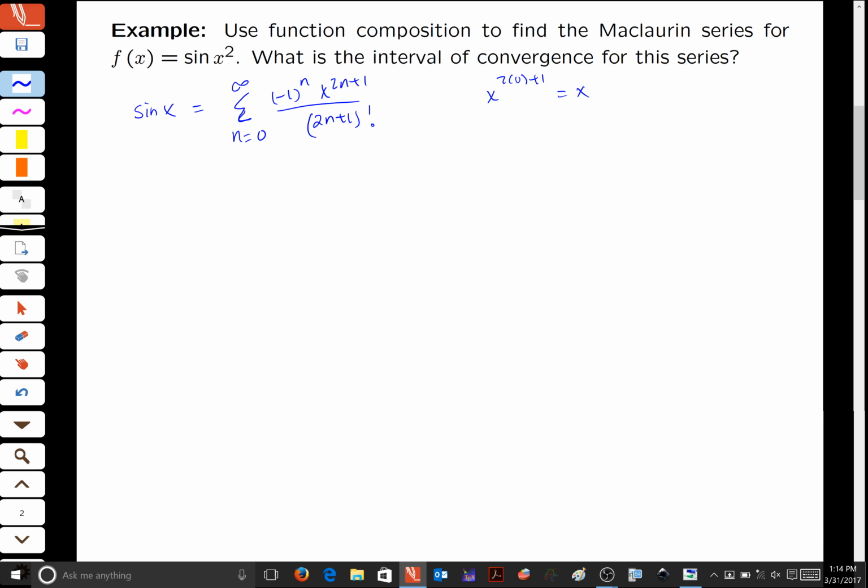On the far right-hand side of the table, it tells you the interval of convergence. What is the interval of convergence for this series? Negative infinity to infinity. Now, we are asked to find sine of x squared, so I'm just going to plug in x squared for x.